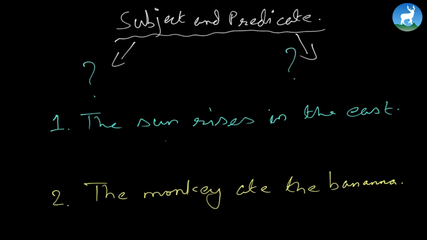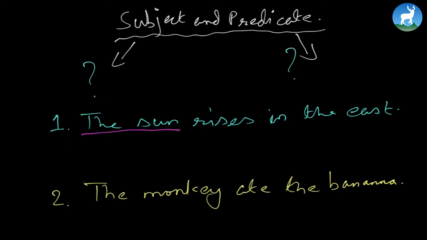Here, in this case, what rises in the east? And the next way to understand this is, every sentence is always talking about something. That very thing the sentence talks about is what we call the subject.